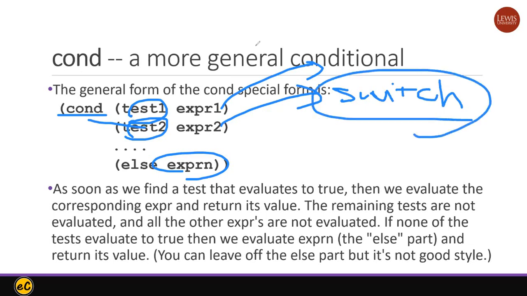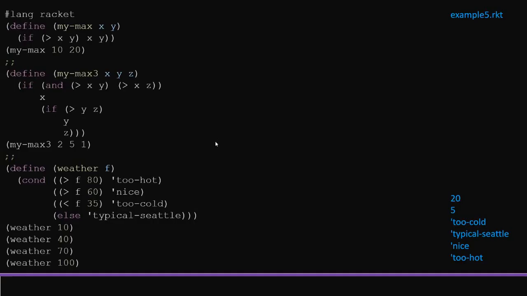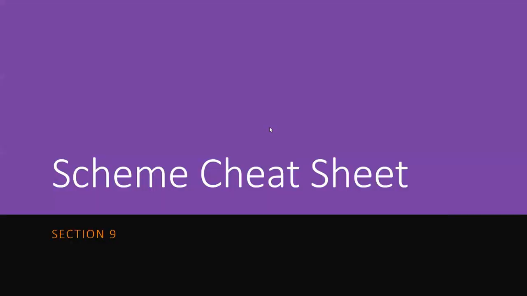Okay, so you can define this one: if f greater than 80, return 2 half. Something like that. Okay, the switch statement. So here we do have this different one.